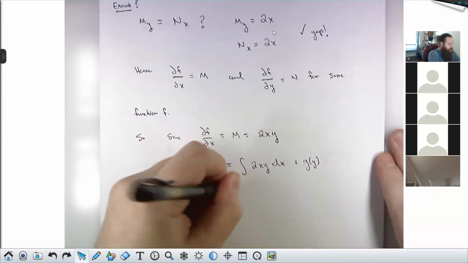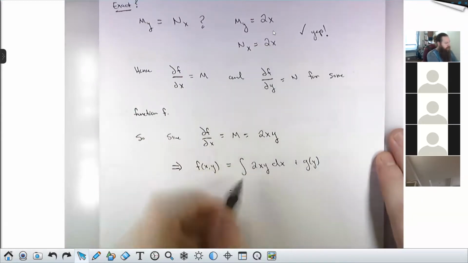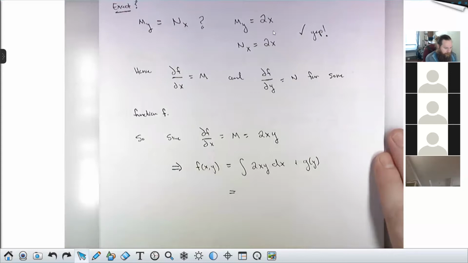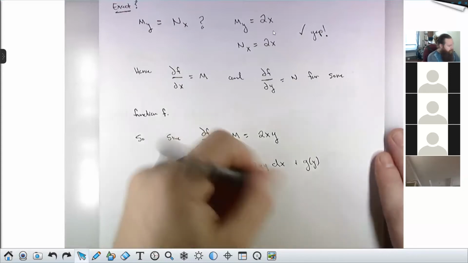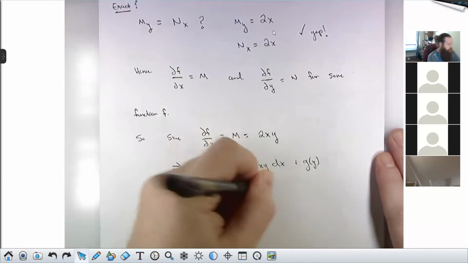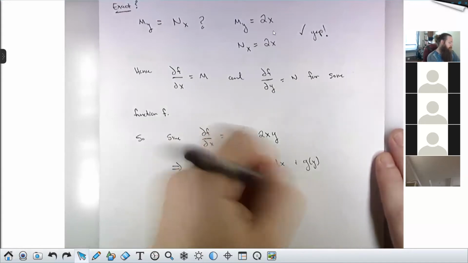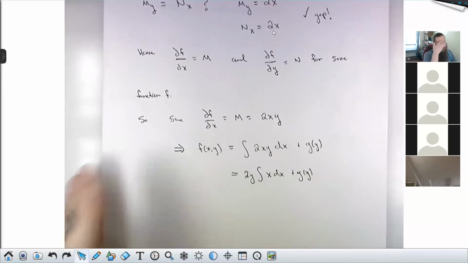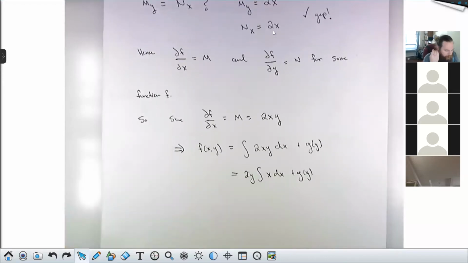If I do this integral, again, treating y as a constant here, the x would integrate to x squared over 2, which is just x squared. So here, pop out the 2y, and have an integral of just x dx plus g of y. It's kind of mechanically how we would think of it. And then that integral is not hard.